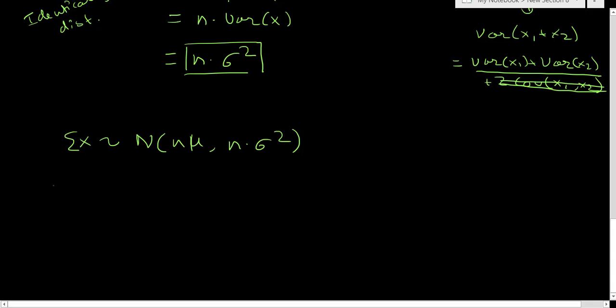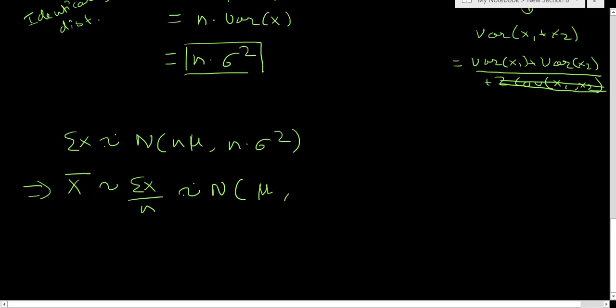This would imply that if I talk about the mean, the mean is nothing but x bar. X bar will have a distribution same as sigma x divided by n. These are approximate distributions, so I have to put this sign here. So approximately it follows a normal distribution of mu comma.